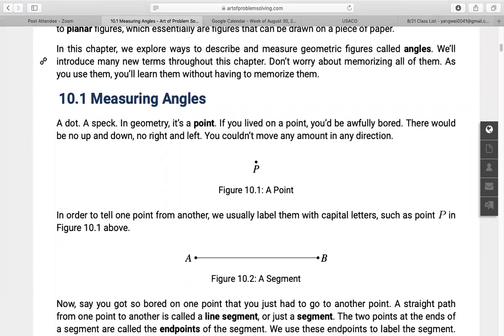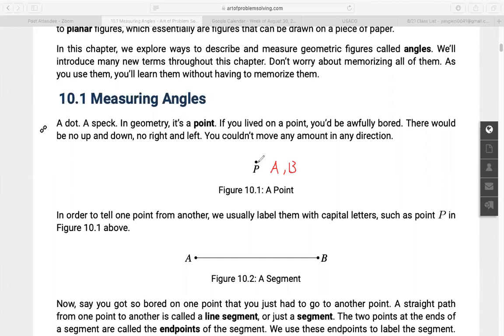One is a point. Say a point P. Usually we use a capital letter like P here. You can use A, you can use B, but usually we use capital letters to represent a point.